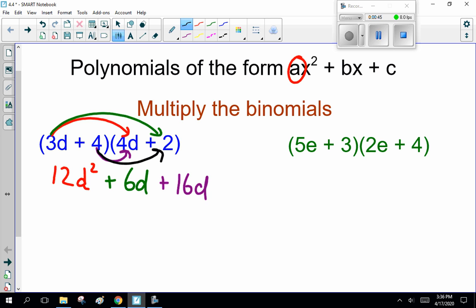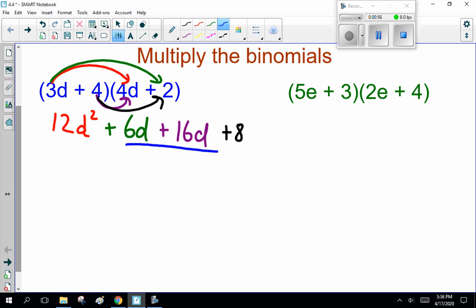And 4 times 2 is 8. So, see how this looks a lot like what we've been multiplying before? But notice 6d and 16d, that's 22d. Don't forget the 8 at the end and the 12d squared in front.